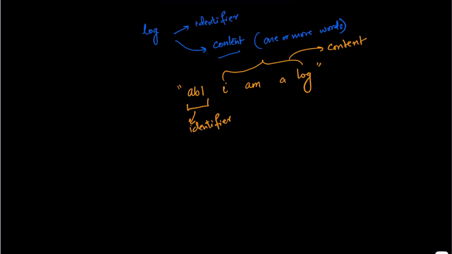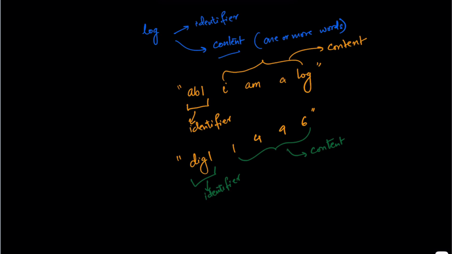There can be another type of log here, which is a digit log, in which the identifier can be anything like dig1, and then it is followed by a string of digits like 1, 4, 9, 6 and so on. So in this case also we have this part as the identifier and the remaining part is the content.